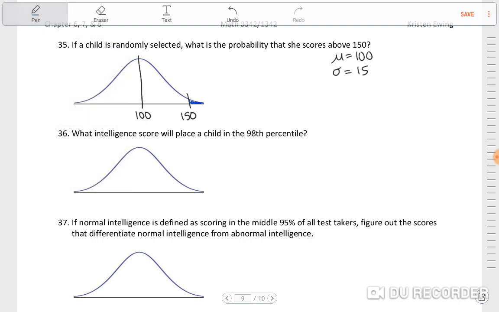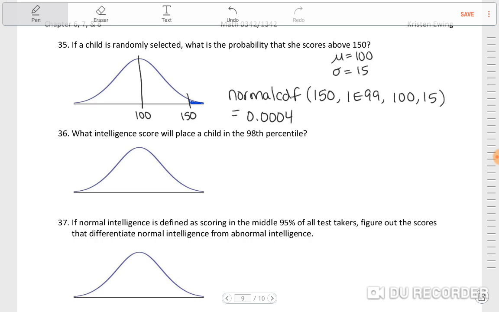And the question is, what's the probability that they're above the 150? So again, normal CDF. Minimum value is 150, the maximum infinity. And then mean is 100, standard deviation 15. So that answer is 0.0004. So quite small, very small probability.